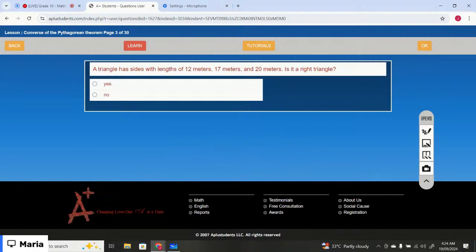The correct option is no, that isn't a right angle triangle. The correct option is no.